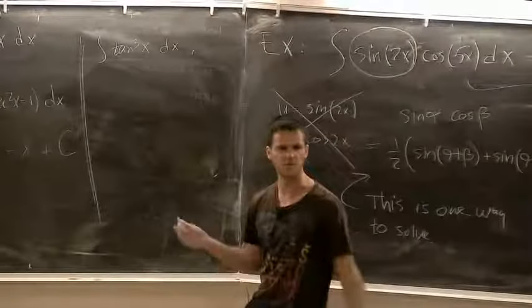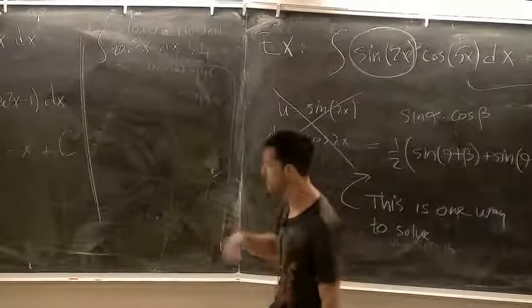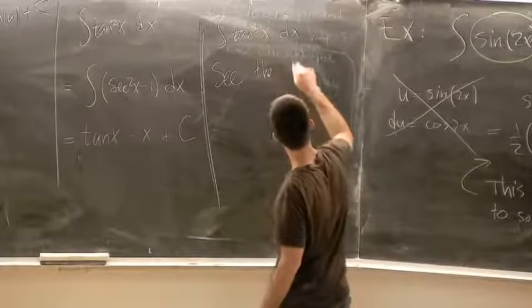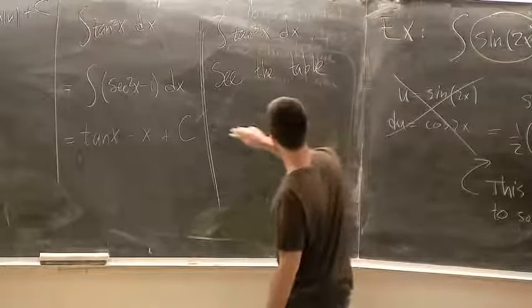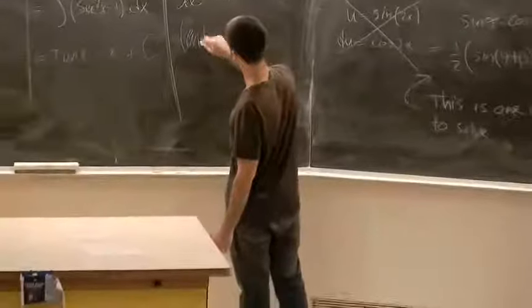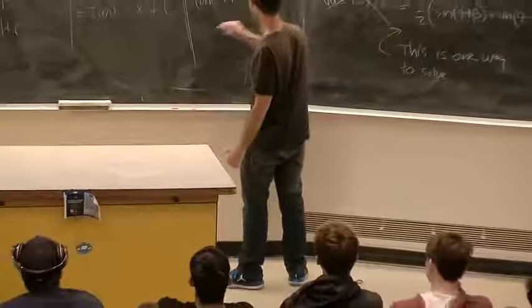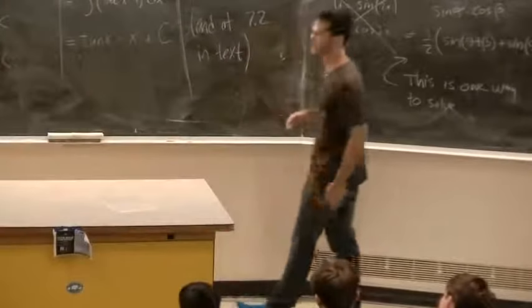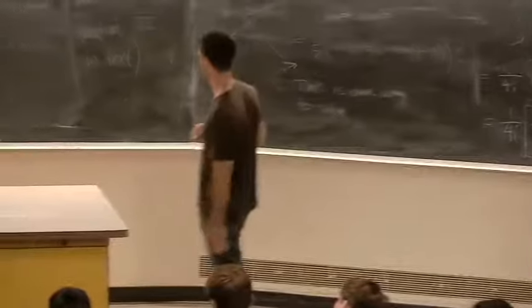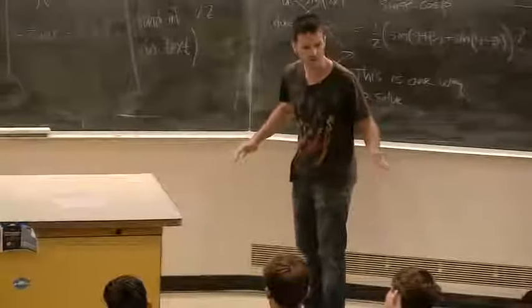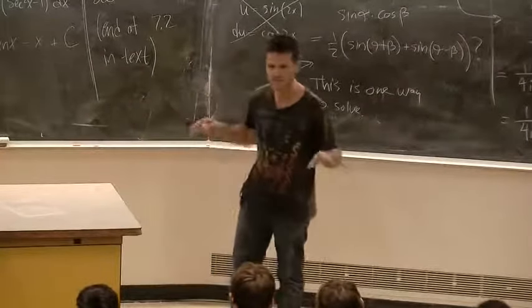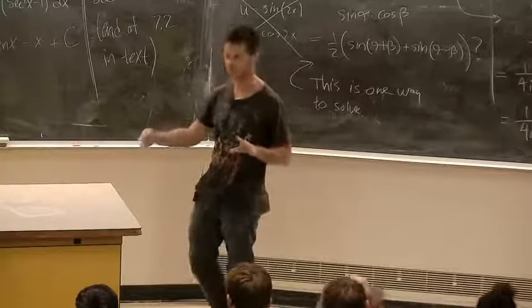I don't know the page number, but it's at the end of this section. So what they would say is just see the table at the end of section 7.2 in the text. Kind of a cop-out. I could derive it, but I think the point is for you to know that the table exists, and to be able to use it if you need to. All right.